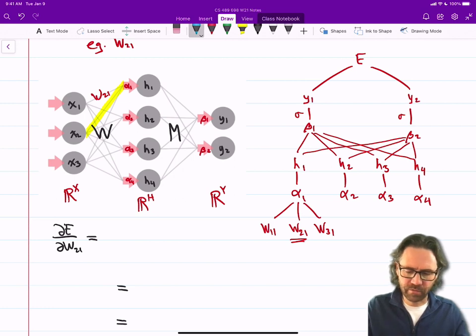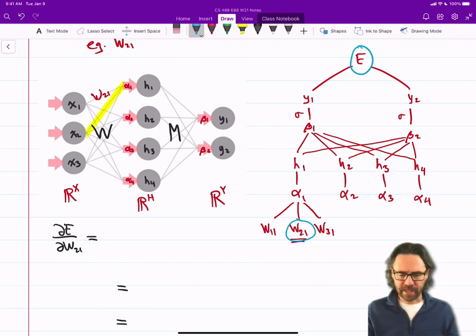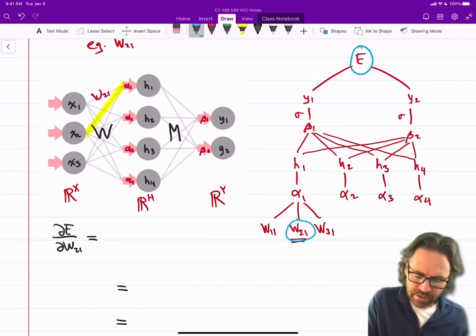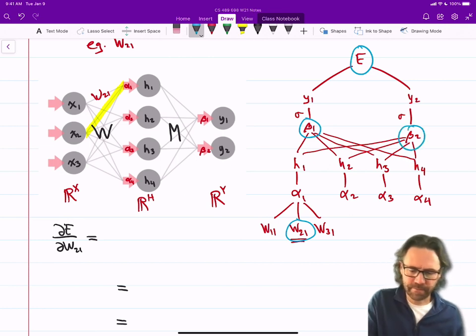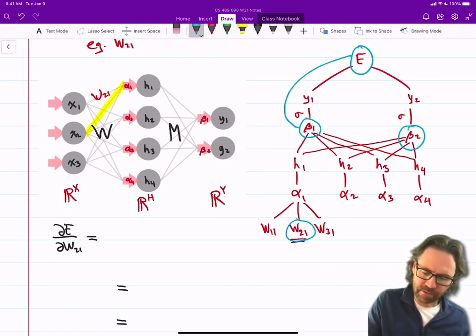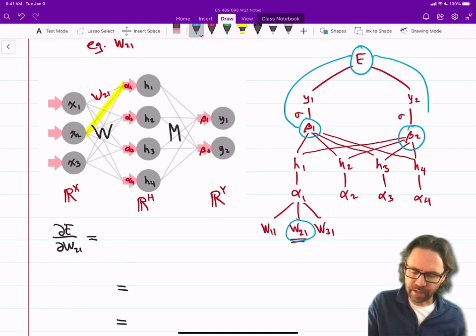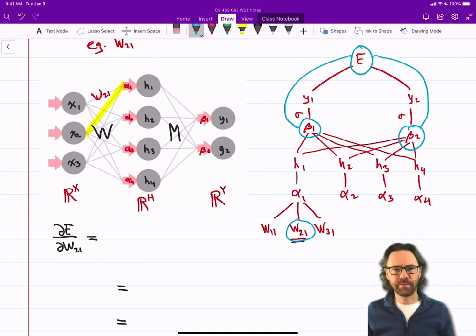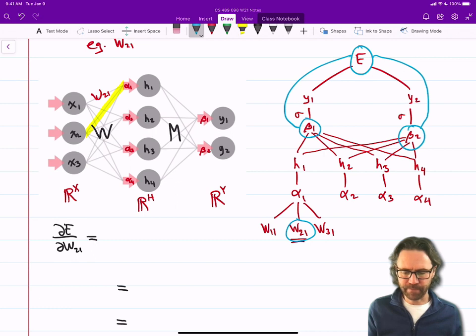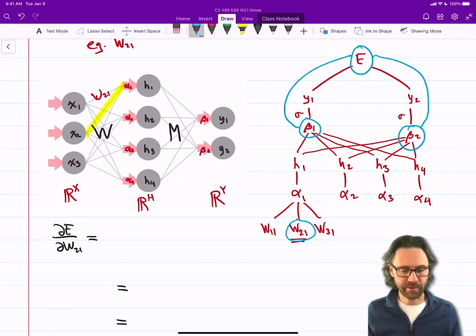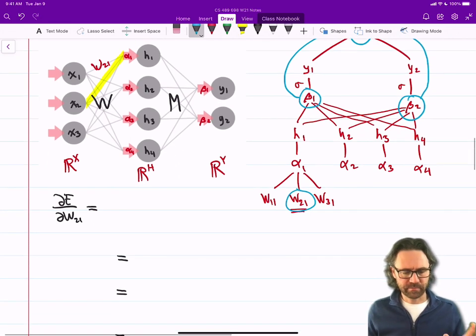So we want to compute the gradient or derivative of E with respect to W21. Again, we're going to use the input currents as the milestones to go part way. I'm sort of giving a preview because we've got 2 different betas and we're going to use them both. Okay, one step at a time.